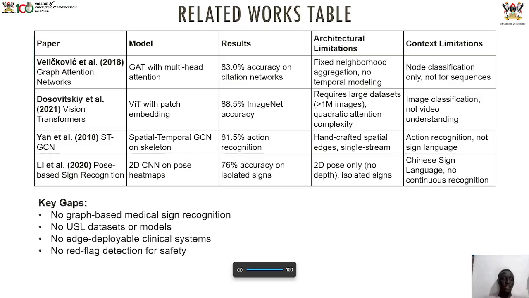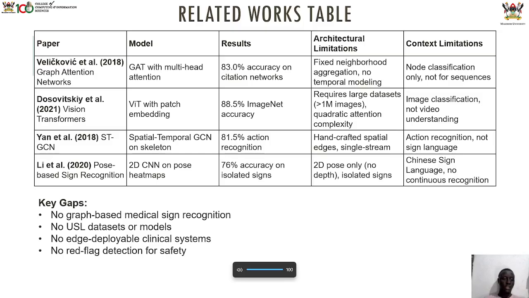When we go to the related works here, we reviewed existing research papers in AI and vision models, where we saw graph attention networks, accurate but limited to static data. Then also there are vision transformers, the ViT.